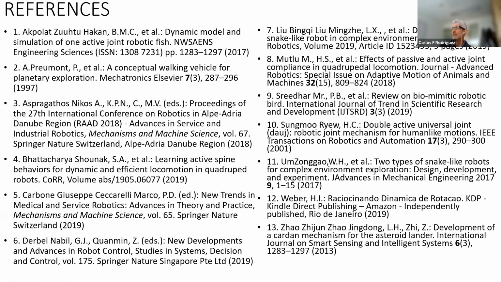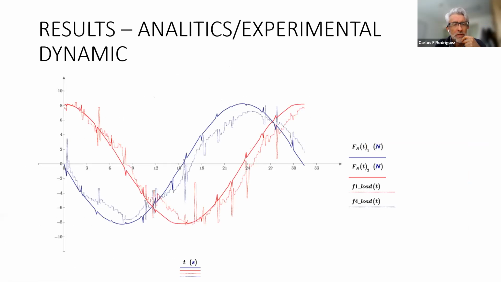Yeah, thank you. I saw in your graphs in the results that there is some non-smooth behavior of the analytical results. Can you explain those little ripples there in the analytical results?